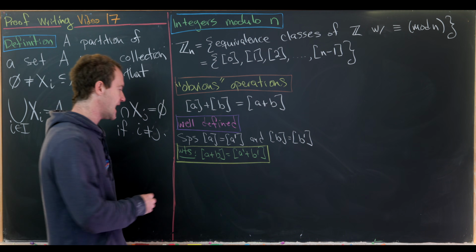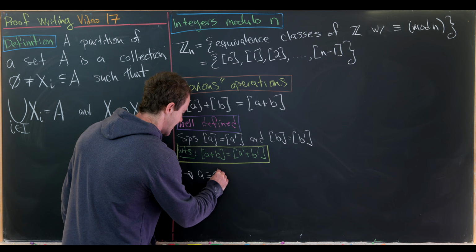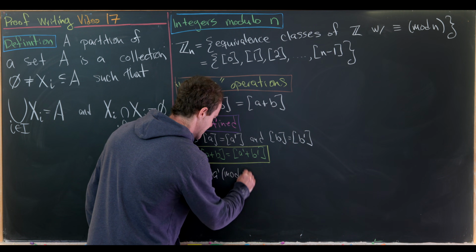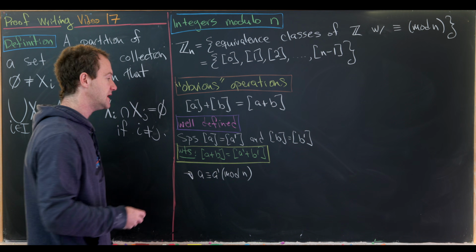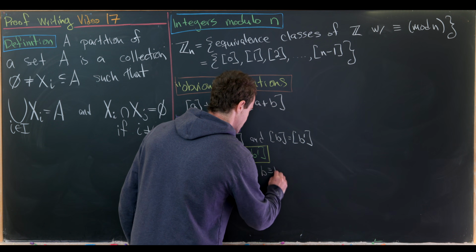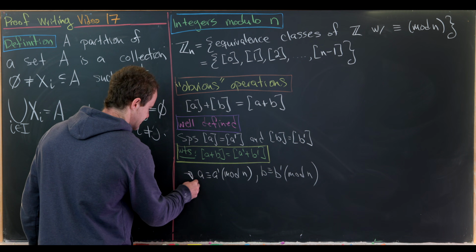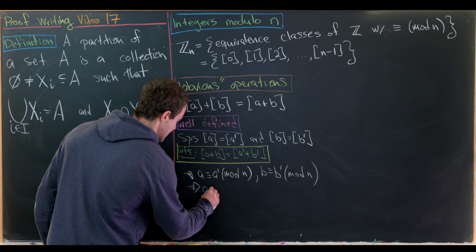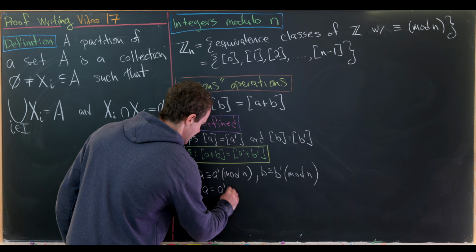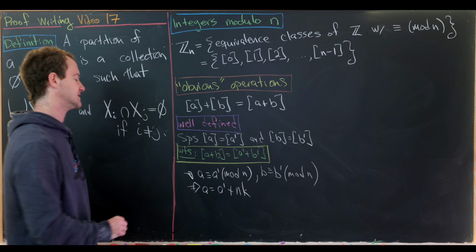But let's notice if the class of A is equal to the class of A prime, that means that A is congruent to A prime modulo n. And then if the class of B equals the class of B prime, then likewise B is congruent to B prime modulo n. But let's recall that means that A is equal to A prime plus n times, I'll call it K, where K is an integer.